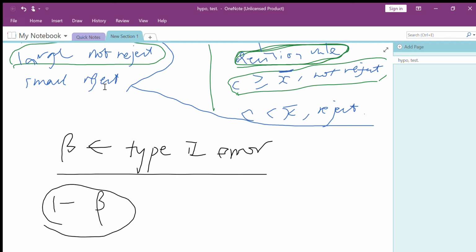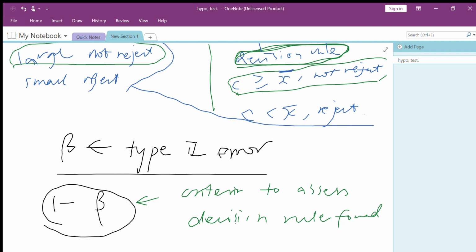Let's write it. Criteria to assess the decision rule found with the help of alpha.